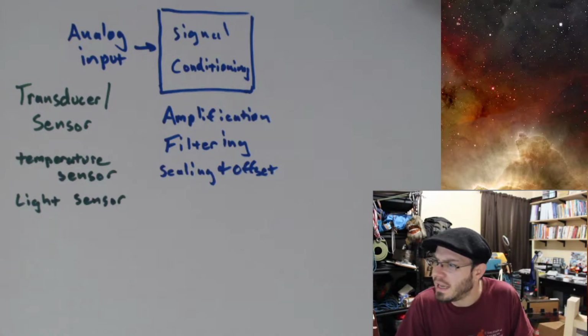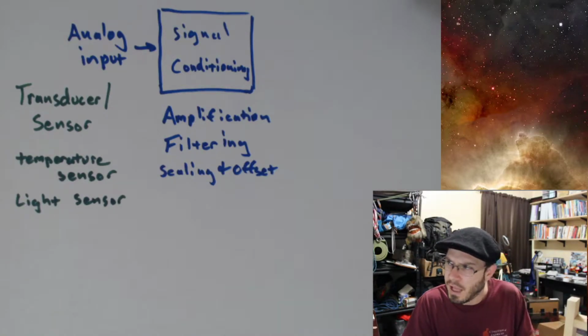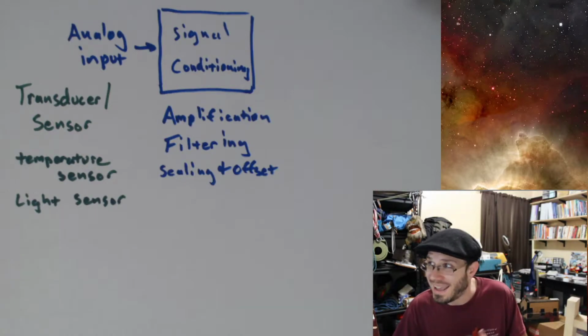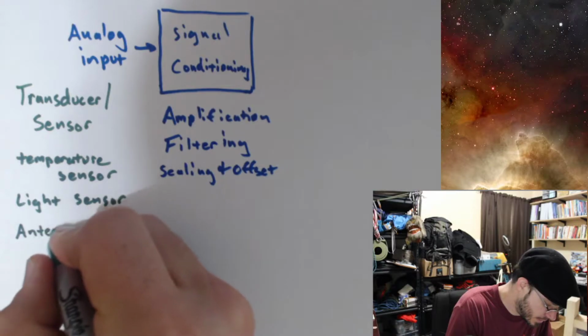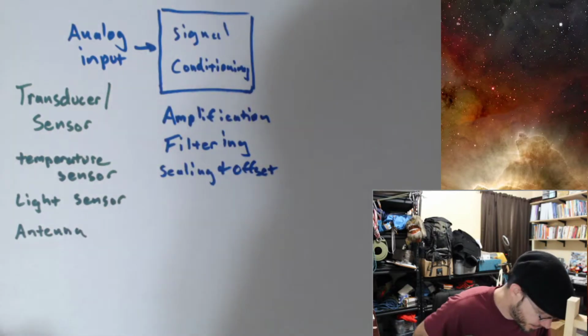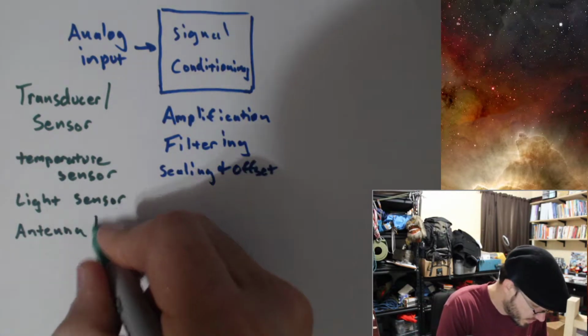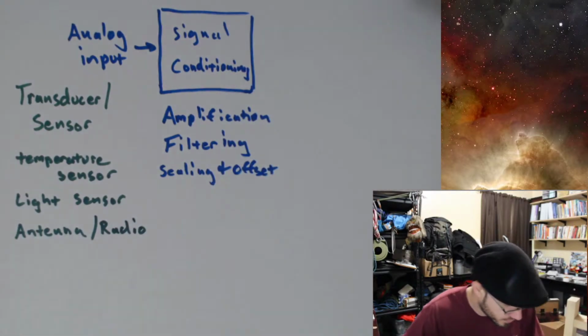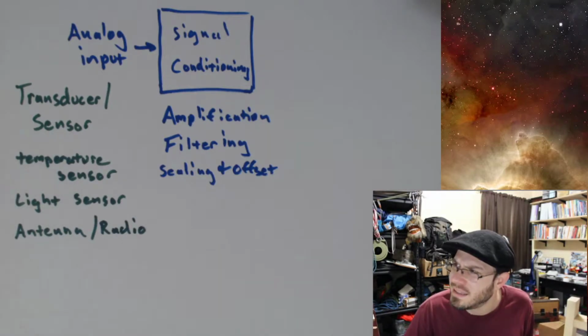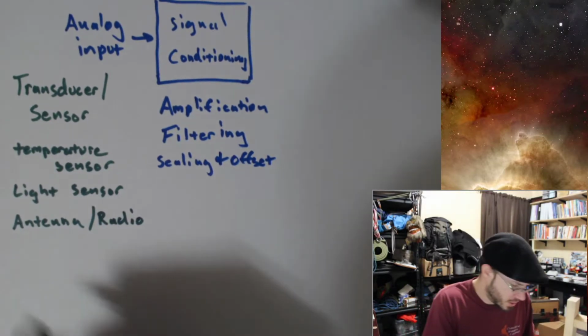It could be some type of electromagnetic radiation, something like an antenna. Or it could be as simple as a switch.